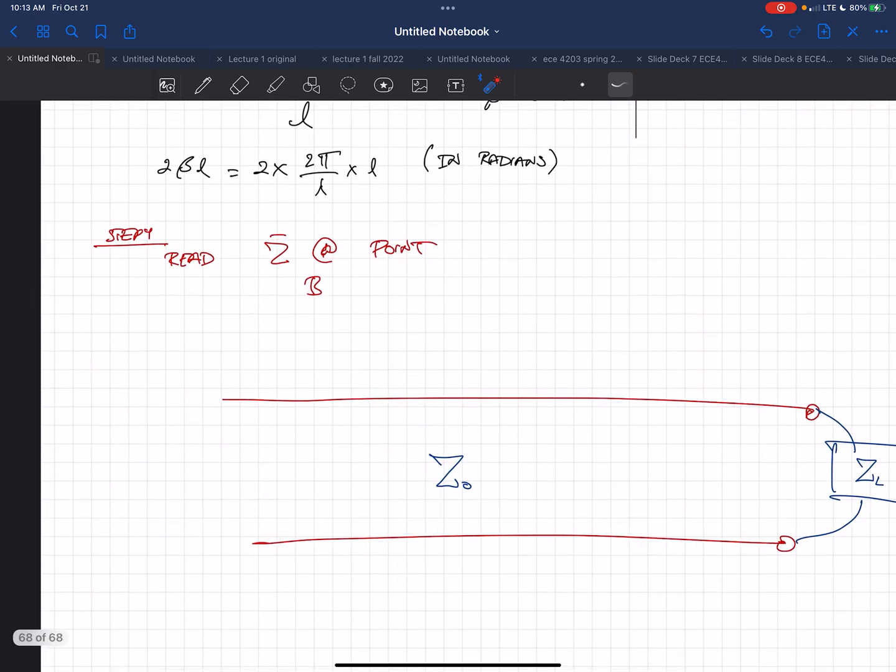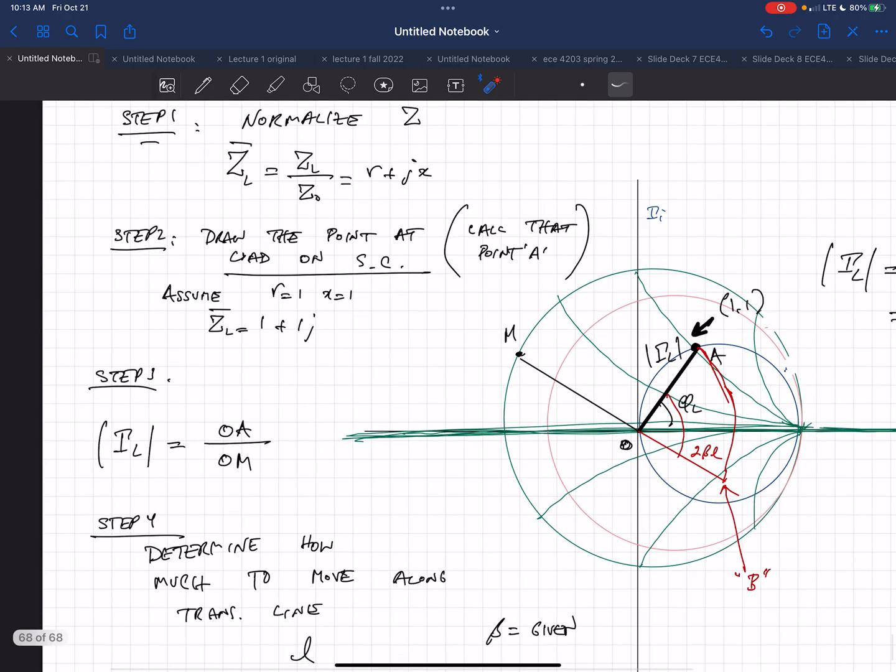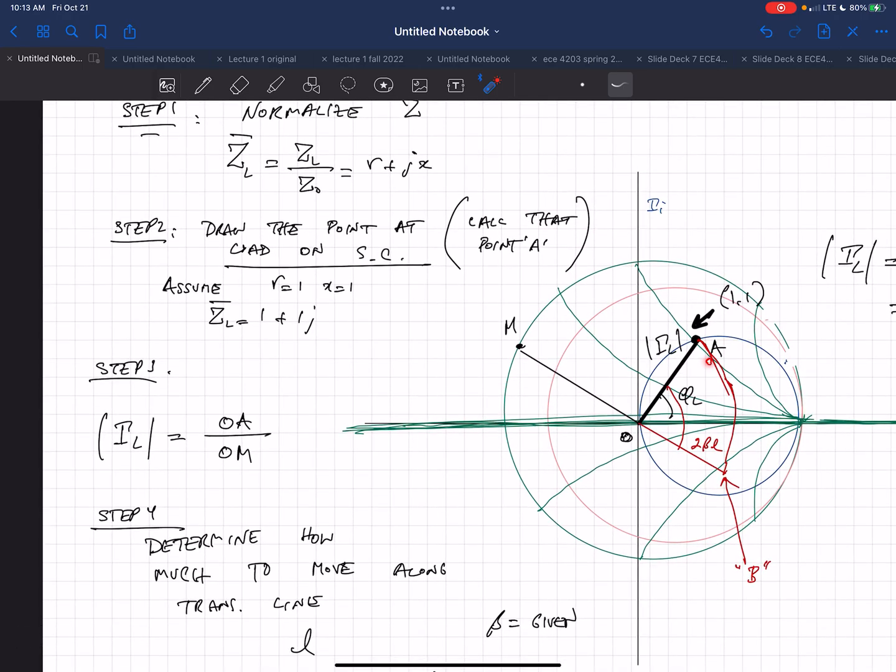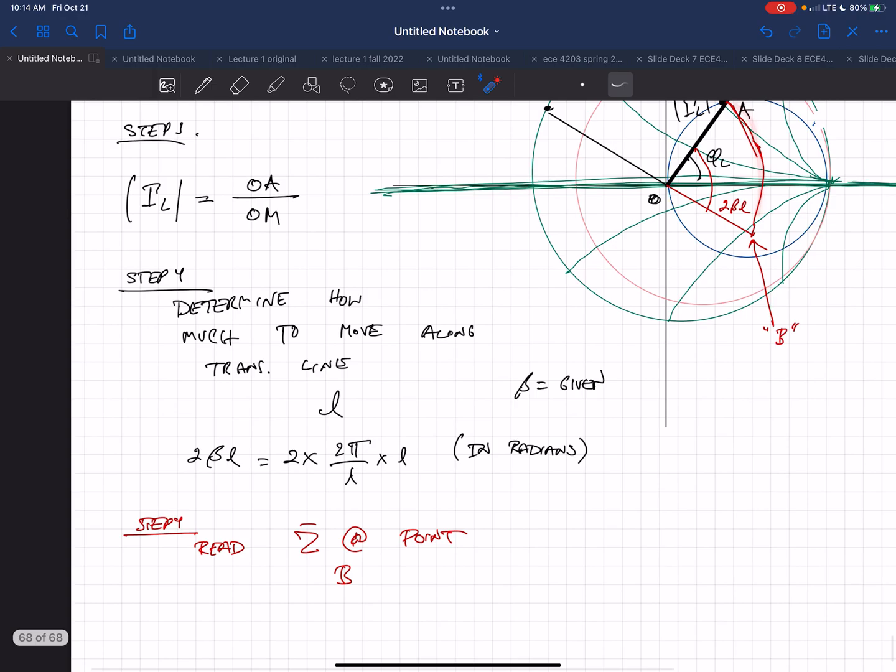I can say that's at 2.23 centimeters, and that's how long I'm going to make my transmission line for this load to look like a purely resistive load, if that's what I want. Or let's say I start with some value here and I want a capacitive load of a certain value. I can see how far I need to make that line.